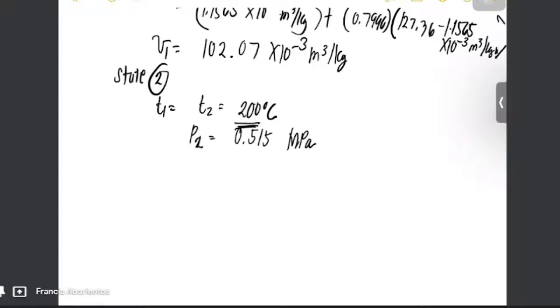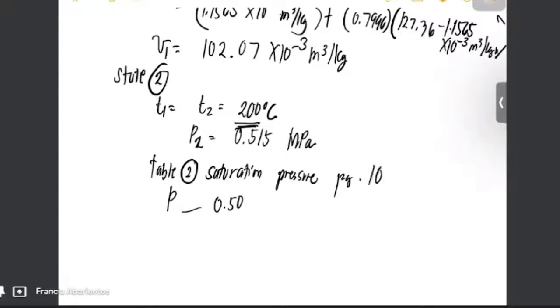So, para mapakita ko sa inyo, at table 2, sa saturation pressure, yung pressure natin between, hindi ko na-elaborate, between 0.5, page 10, makikita niyo doon, 0.5, 515 tayo eh.